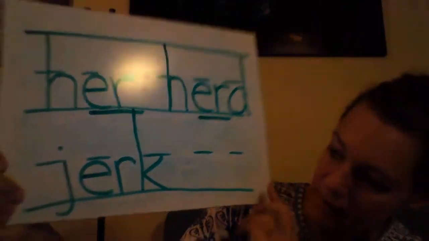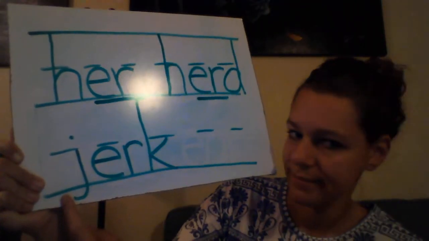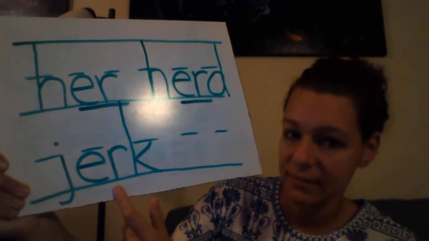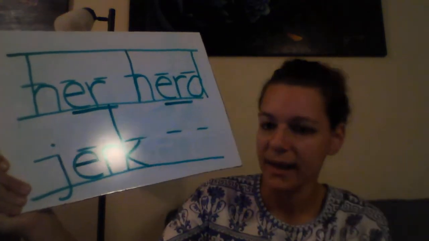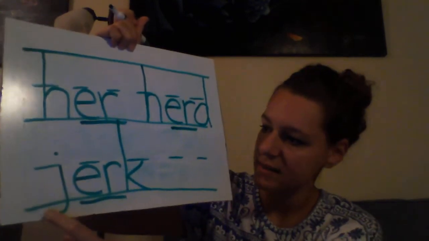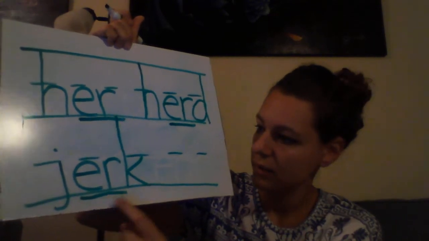Let's mark it. Does this need a marking? How about this? Excellent, we need to underline it. And how about this? No. Let's say our sounds and put them together, class. J, er, k, jerk. Nice job, class.